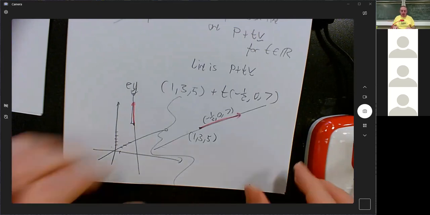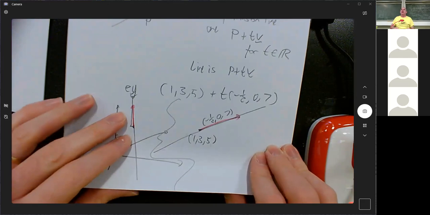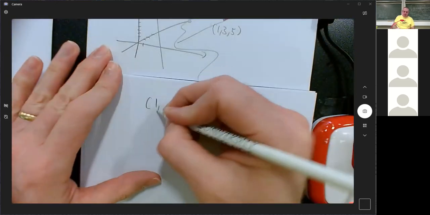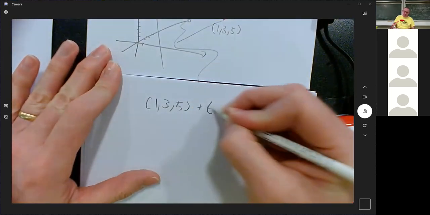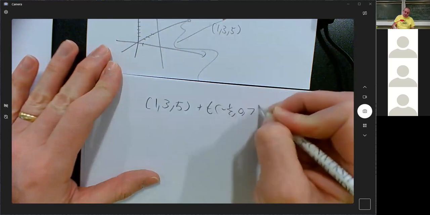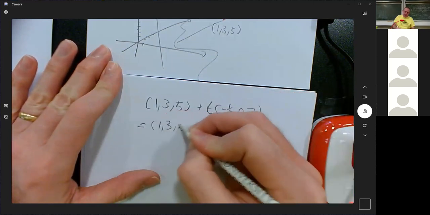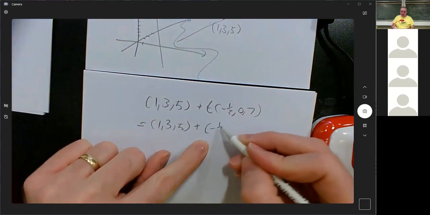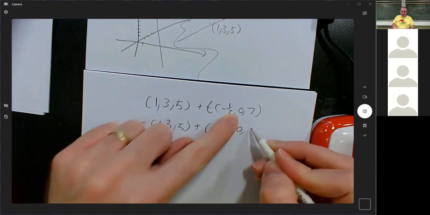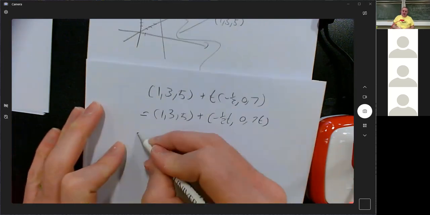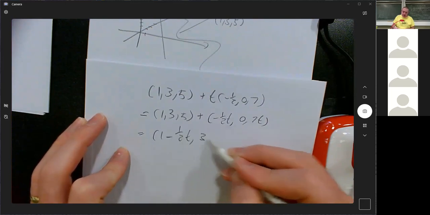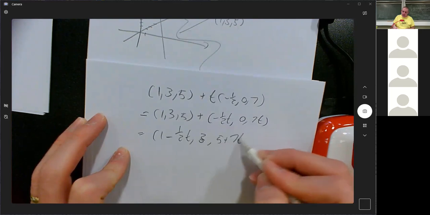Okay, and that's great. It's lovely. And you can turn this into a parametric form pretty easily. It's just algebra now. So this is -1/2 of t, 0 times t is 0, and t times 7 is 7t, and then you can add the matching coordinates: 1 - 1/2 of t, 3, 5 plus 7t.